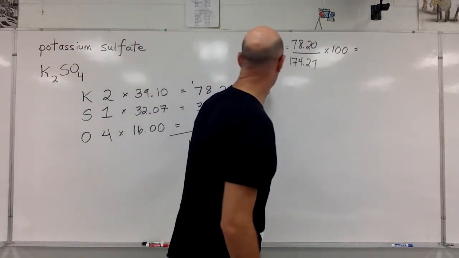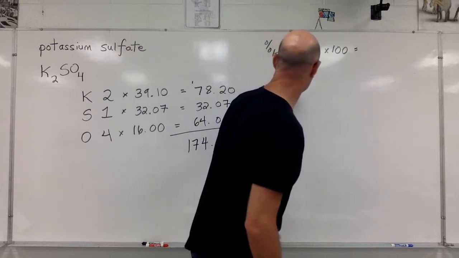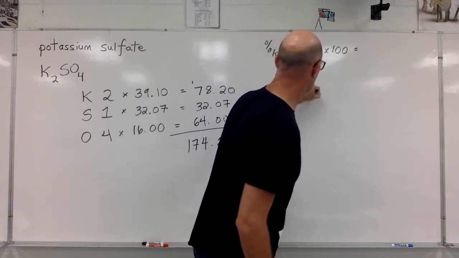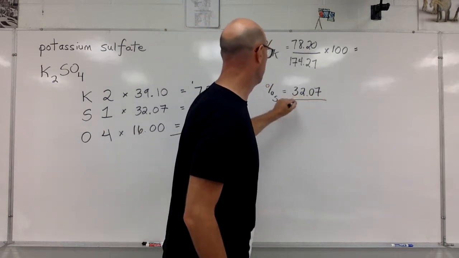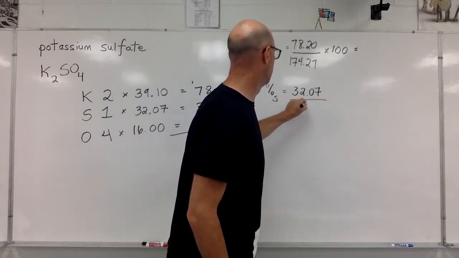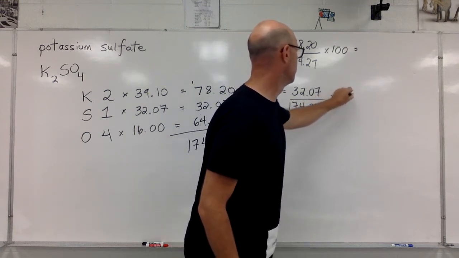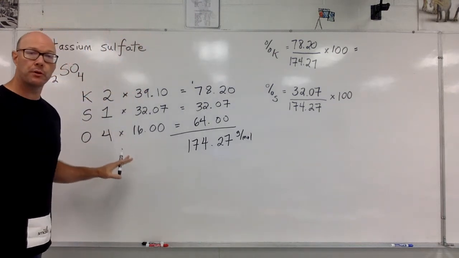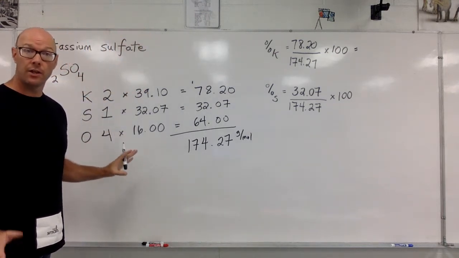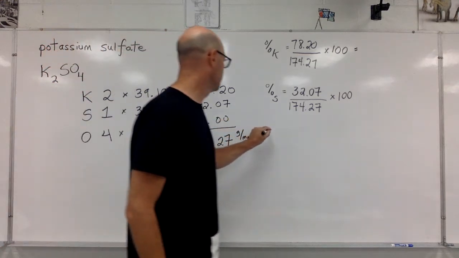The sulfur contributed 32.07 to the total, multiplied by 100. And the same sort of calculation for the oxygen. The oxygen's contribution was 64 to the total.